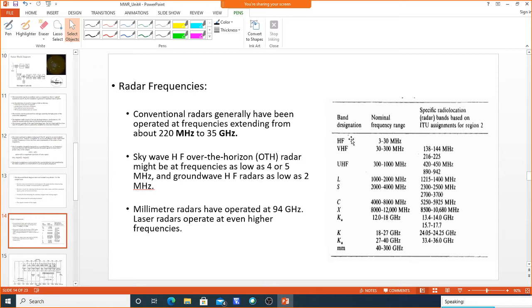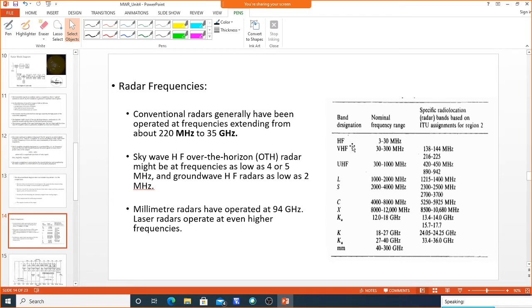For that purpose, the band designation is included in the military, but later on it became conventional, and the IEEE standards and the International Telecommunication Union assigned these bands and call them regularly for the frequencies.